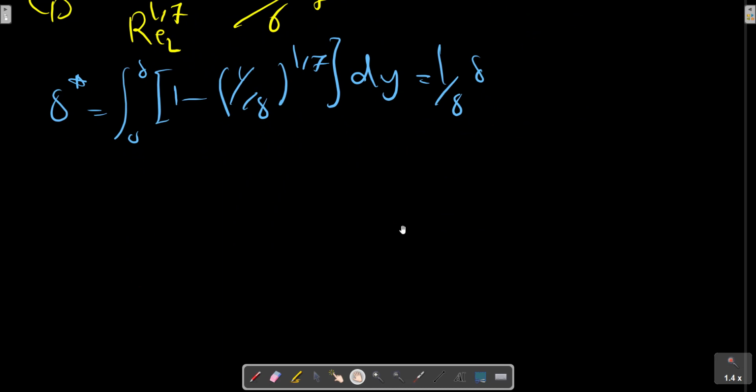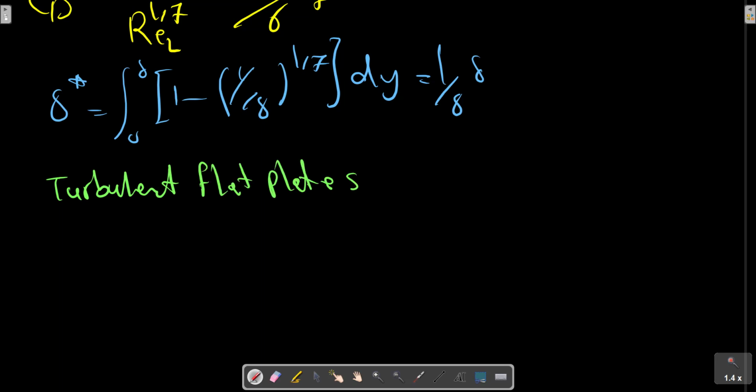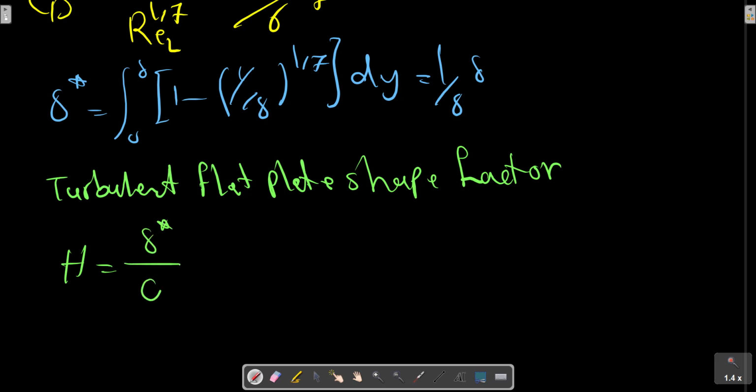The turbulent flat plate shape factor is approximately, we write turbulent flat plate shape factor, delta star on the momentum thickness.